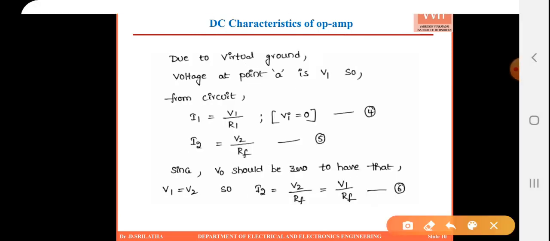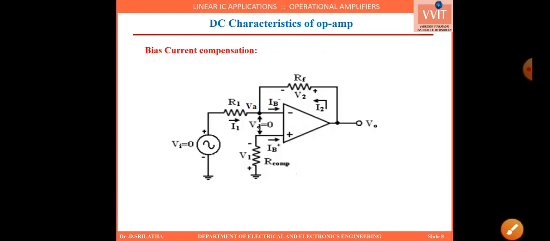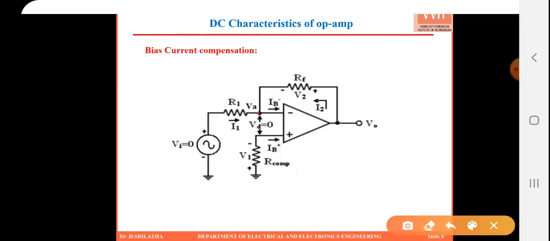Now, due to the virtual ground, the voltage at point A is equal to V1. From the circuit, the voltage at this point, VA, is nothing but V1, because this is virtual ground. So VA is equal to V1 itself.